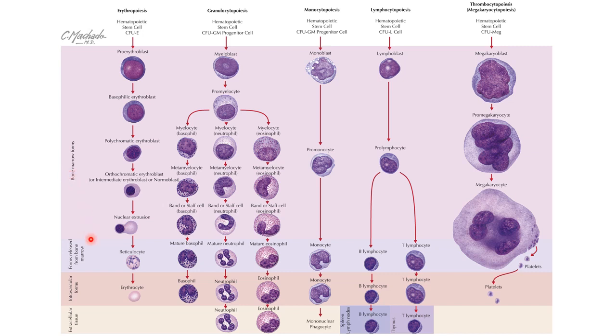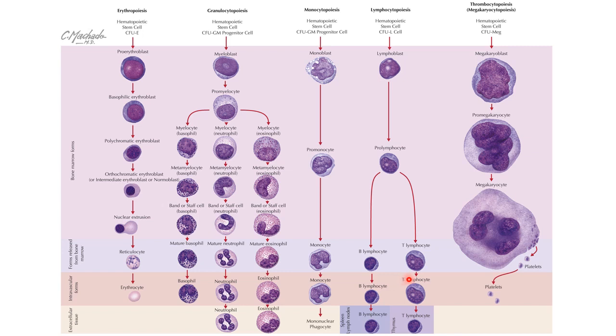And then there are cells that are released from the bone marrow, and this is coded by light blue. And then from this point, they now become intravascular forms, meaning these are the actual cells that you will see in the complete blood count.